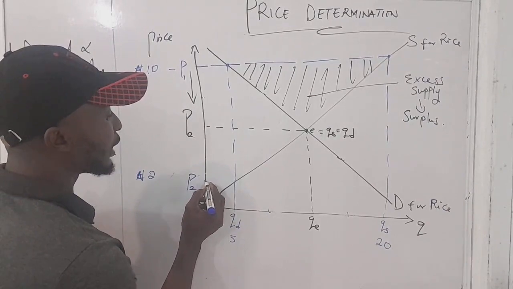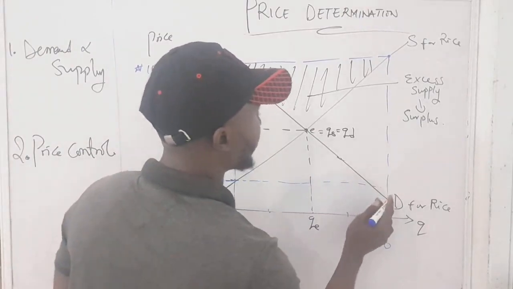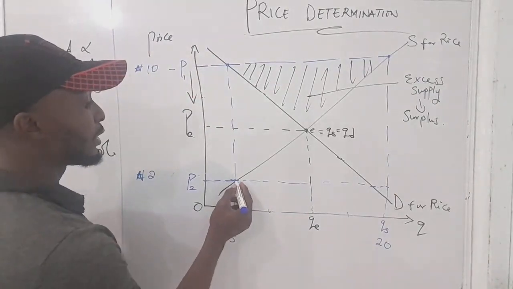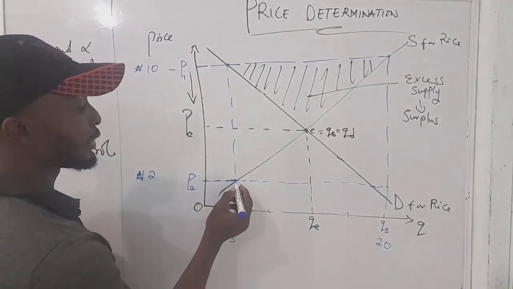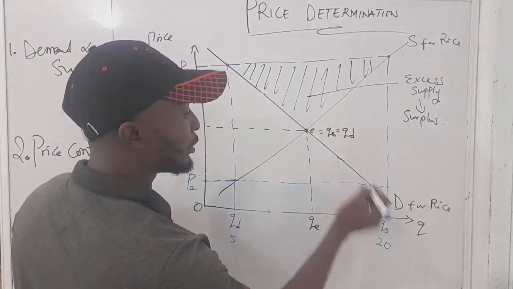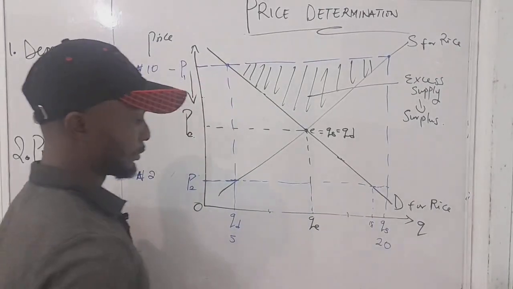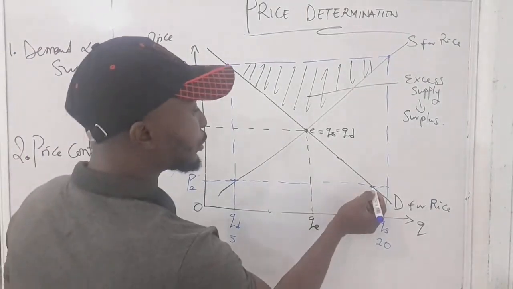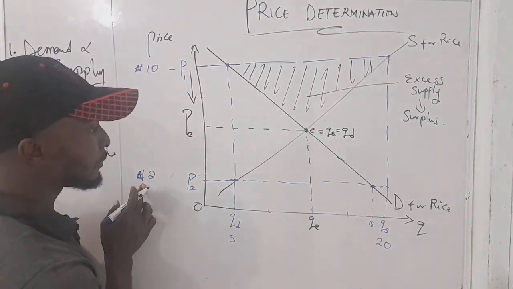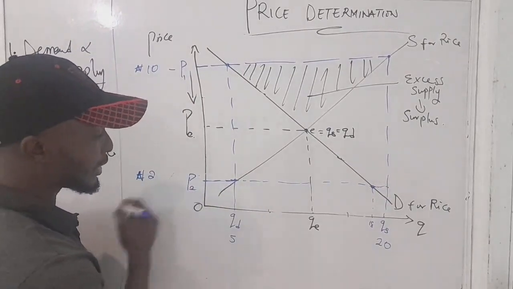So if the price has gone down to 2 naira, if we trace the amount of supply, we have 5 units, and the amount of demand, let's say, is roughly 18 units. So we can see that consumers want to buy this amount of goods at 2 naira, while producers are only willing to supply just this amount of goods at that same 2 naira.